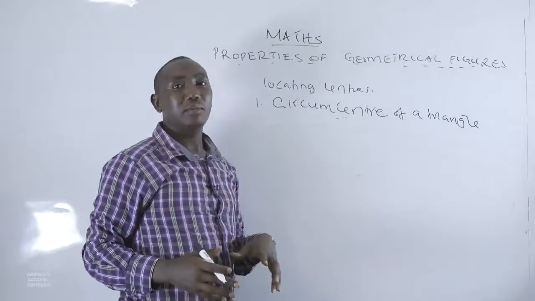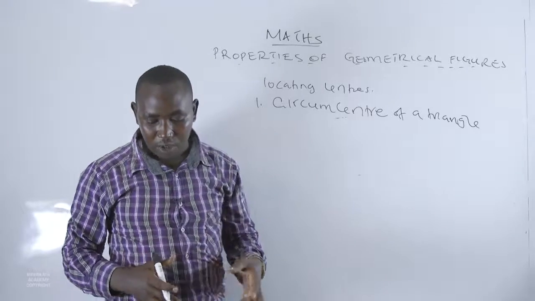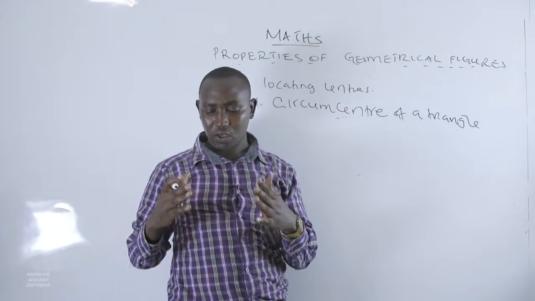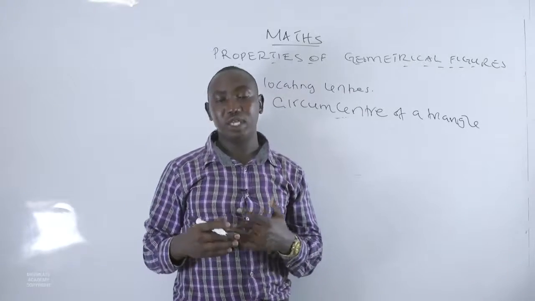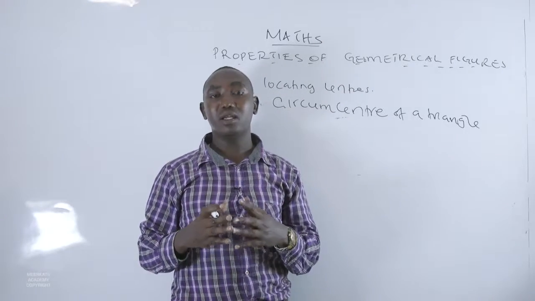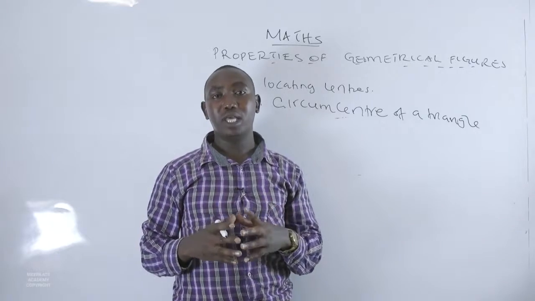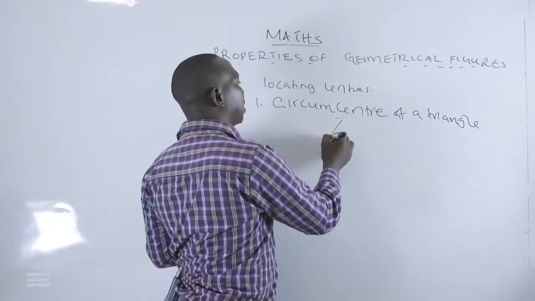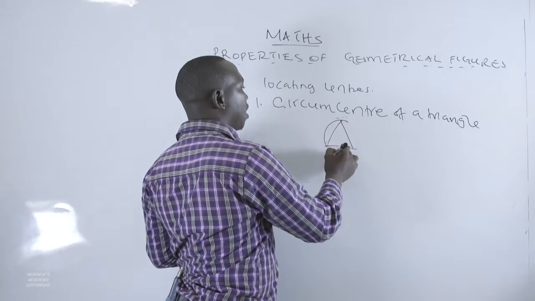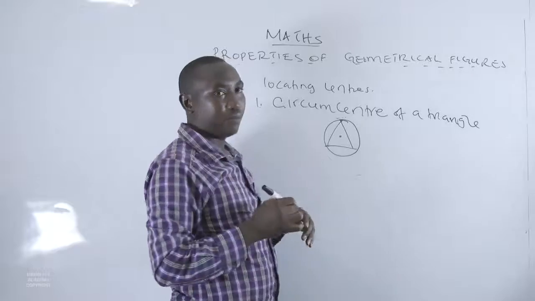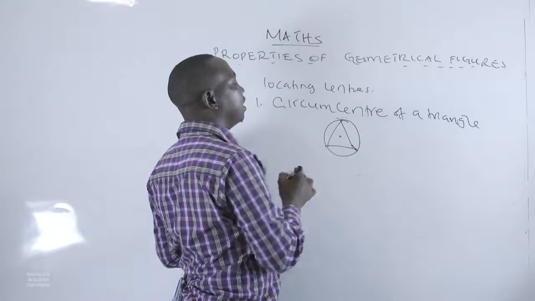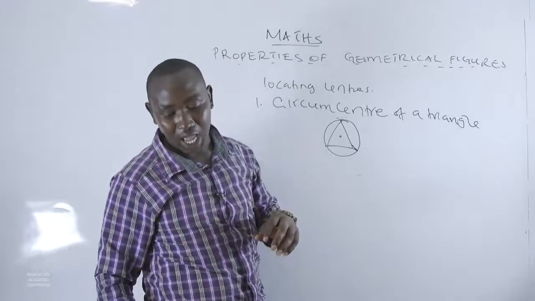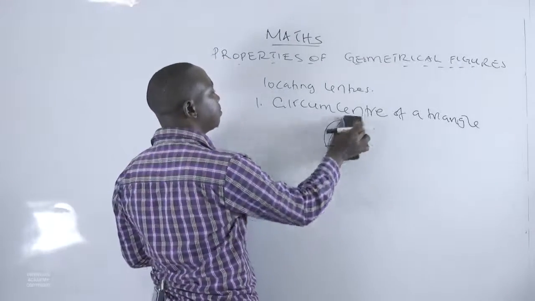We understand that the circumcenter of a triangle can be constructed whenever you bisect each of the angles of a particular triangle. You will end up with a circumcenter whereby if you are to draw a circle along that particular triangle, the circle will be outside and it will be touching the three sides of that particular triangle. That particular center is called a circumcenter.